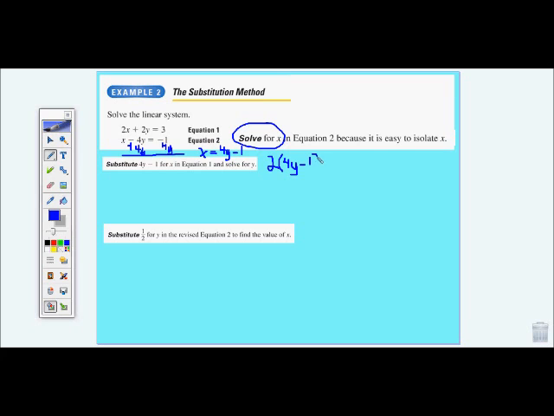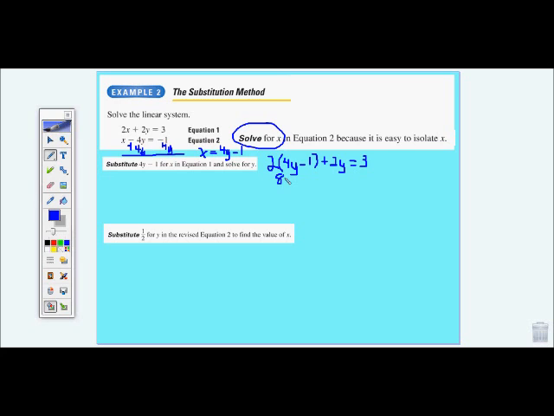We'll have some like terms we can combine and solve for that one variable. So 2x is actually going to be 2 times 4y minus 1. We're going to add, and here's our common variable, adding 2y, again going back to this equation here, equals 3.